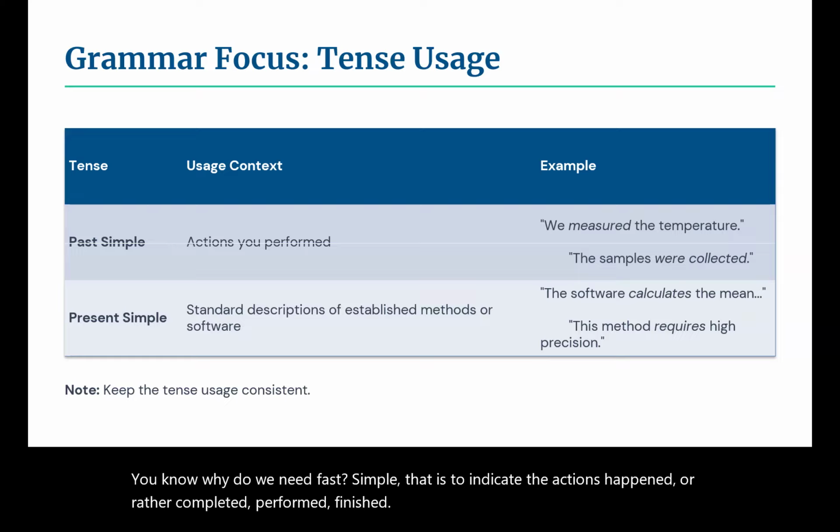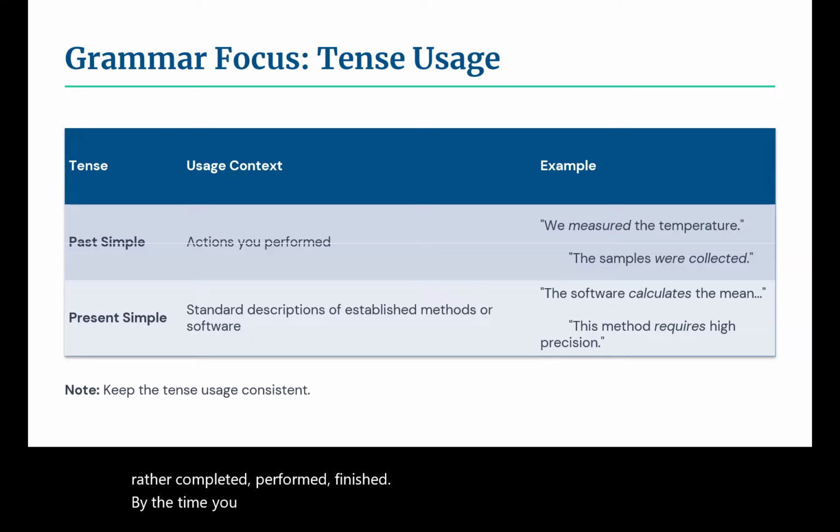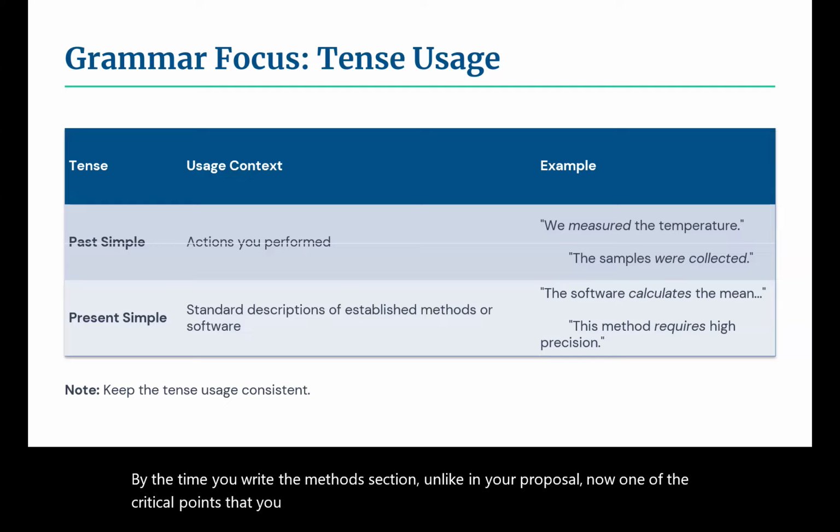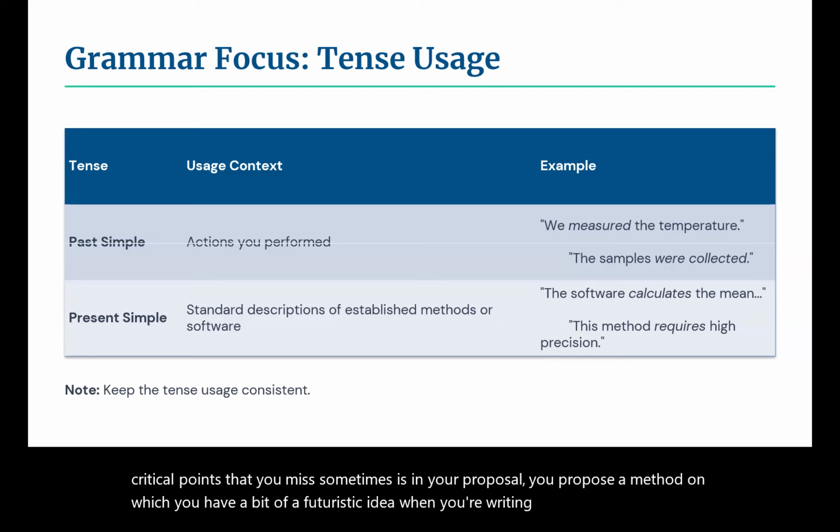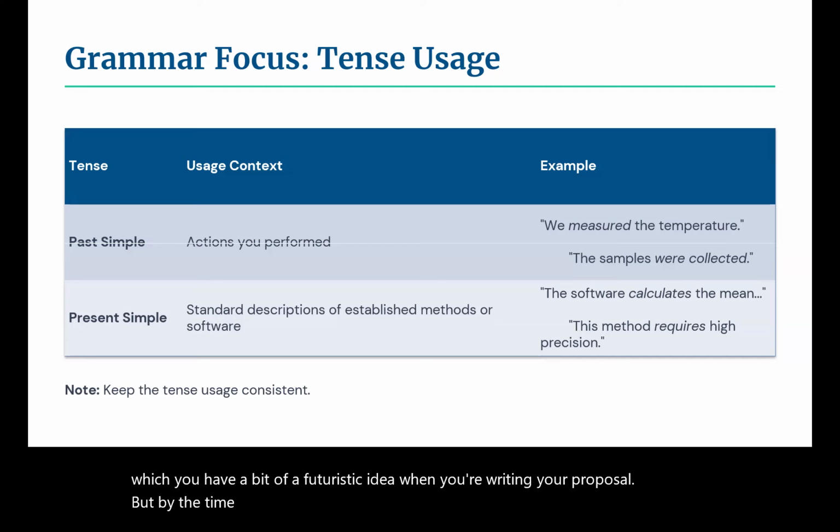By the time you write the method section, unlike in your proposal, one of the critical points that you sometimes miss is this: in your proposal, you propose a method on which you have a bit of a futuristic idea. But by the time you write your method section of your final research publication or your thesis, you know that the work is done.